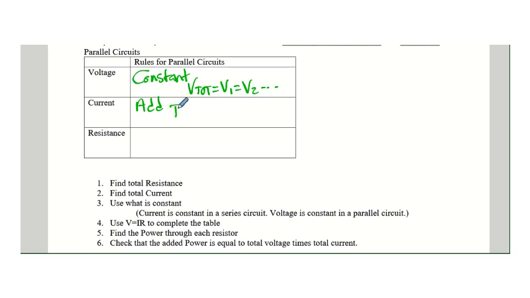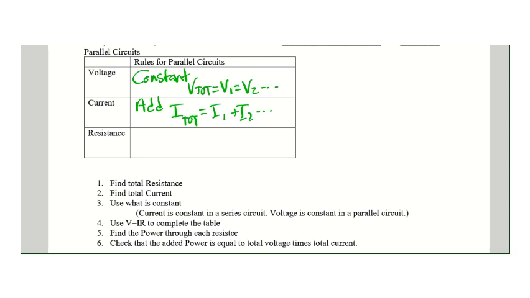So the current total for a parallel circuit is equal to the current in resistor 1 plus the current in resistor 2, and so on for however many resistors we have in parallel with one another.